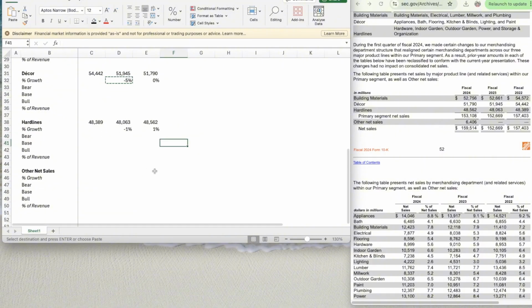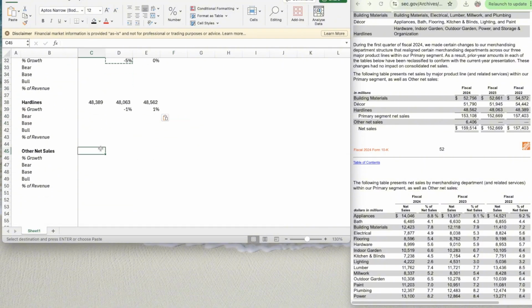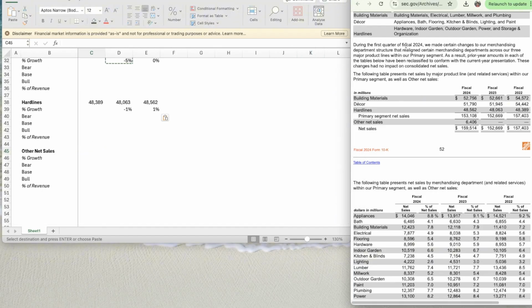And then the other net sales, this seems to be something only for 2024. Is there a reason for this?